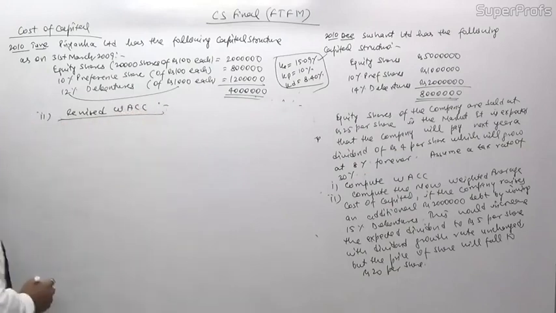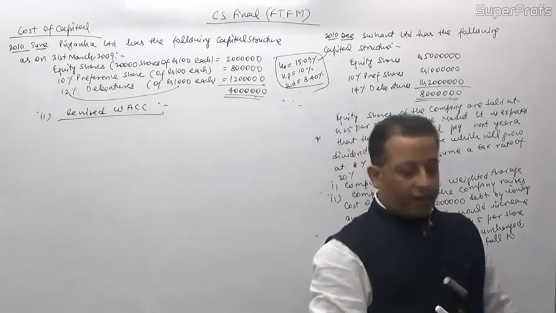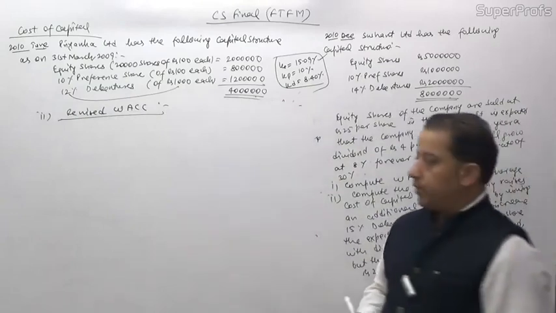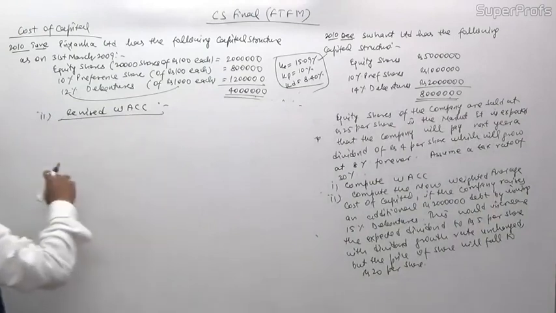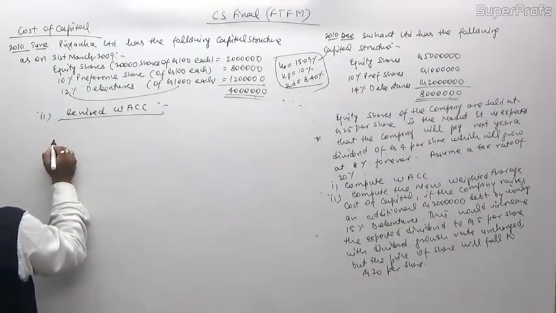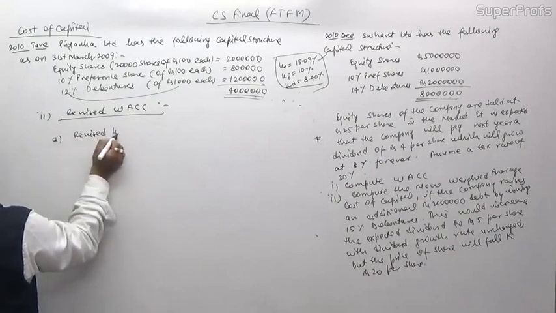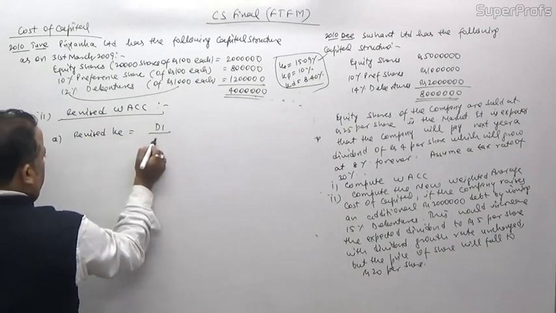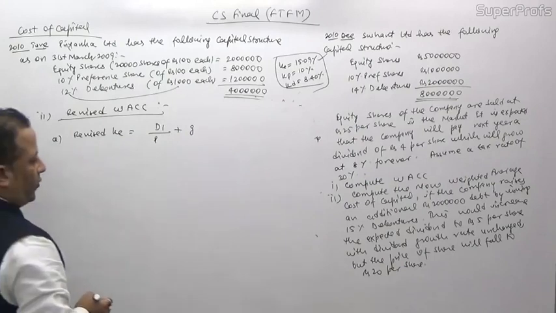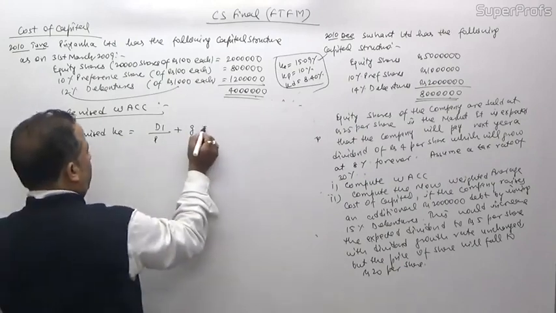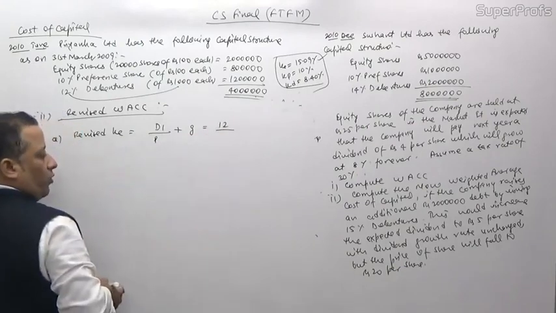For this computation, I need to calculate the revised cost of equity, which is D1 divided by P plus G. D1 stands for next expected dividend, which increased from rupees 10 to rupees 12 per share.